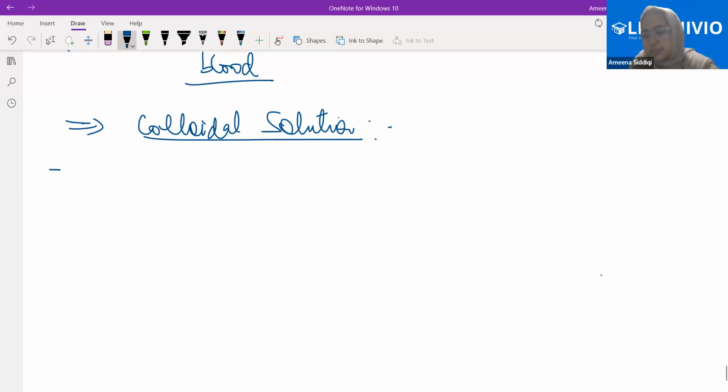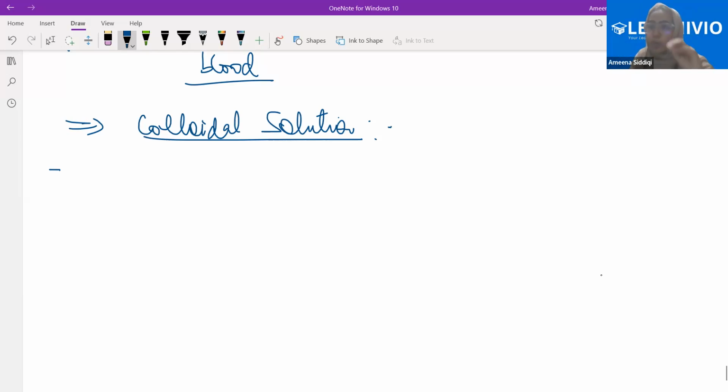Any idea, bacha? See, it is referred to as a solution because it appears to be similar to a solution, but actually it is not. First of all, it is a heterogeneous mixture, that is for sure. But the point is, it appears to be like a homogeneous mixture, but is actually a heterogeneous mixture.